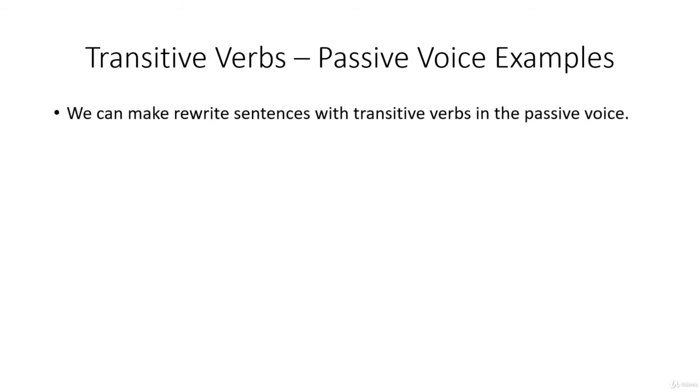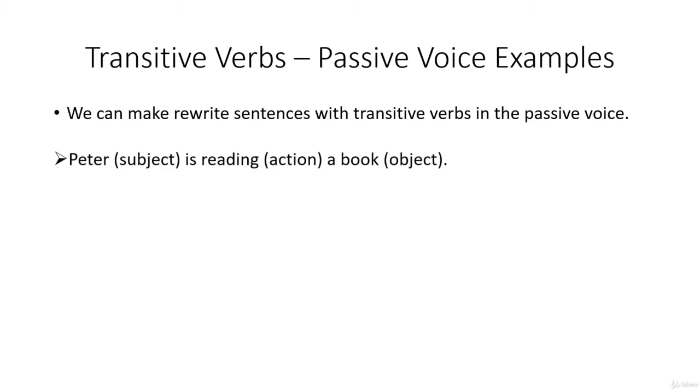So we can take active voice sentences and rewrite them to put the sentence in the passive voice. But we can only do this with transitive verbs. So here's an example. Peter is reading a book. To put this in the passive voice, we would say, the book was read by Peter.